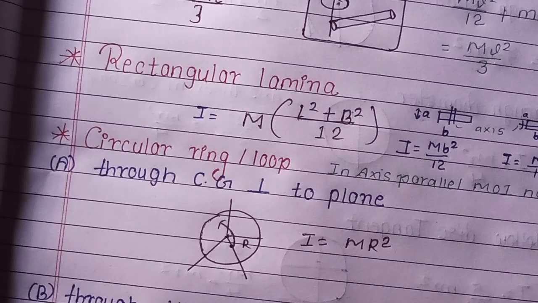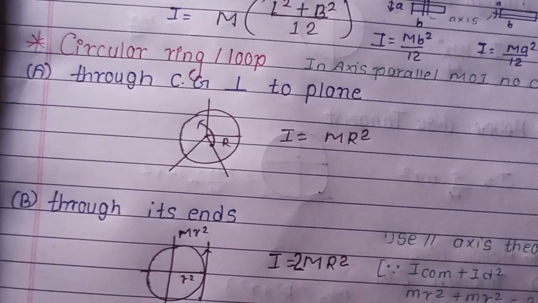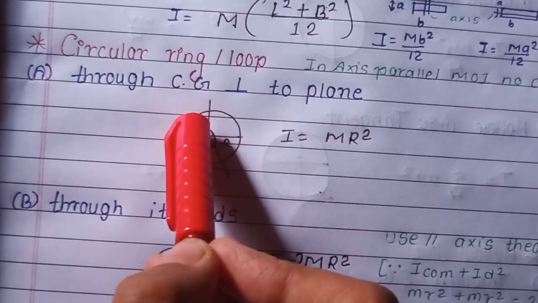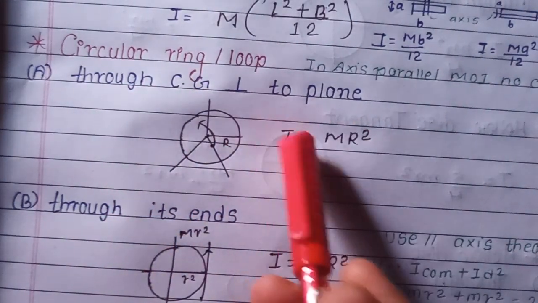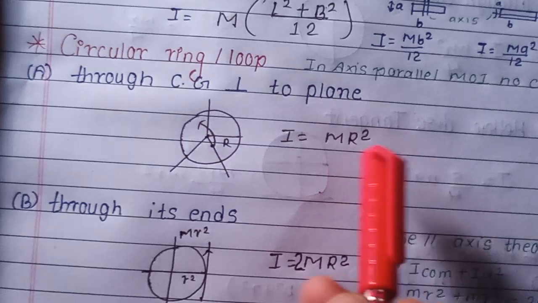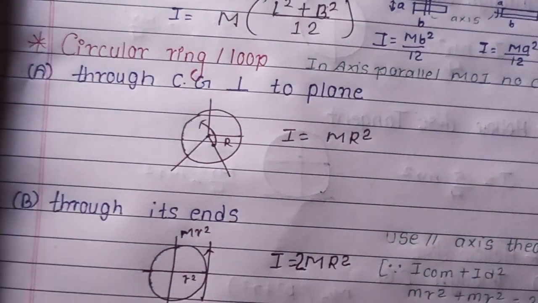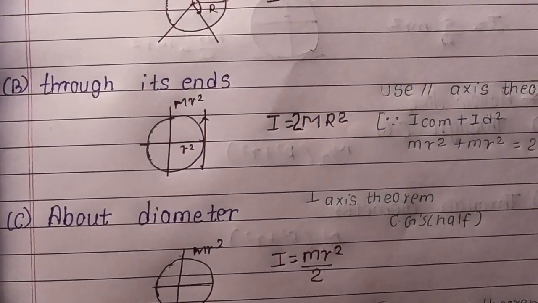And the circular loop. For the circular loop through the center and perpendicular to the plane, I is equal to m r square. We must remember it. But about an axis through its edge, we apply the parallel axis theorem.